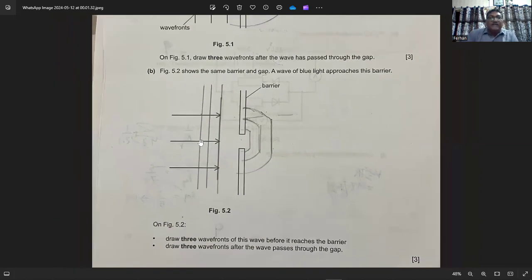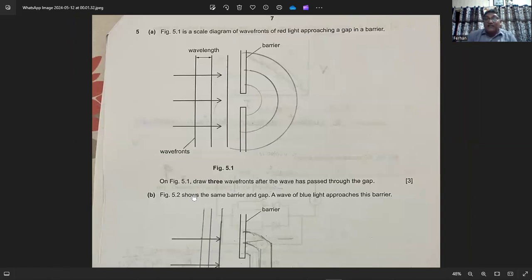I hope you understand there are two very important things. They talked about red light in the first part, and then about blue light. One fact you should remember, which they have not told in the question, is that blue light has a smaller wavelength compared to red light.